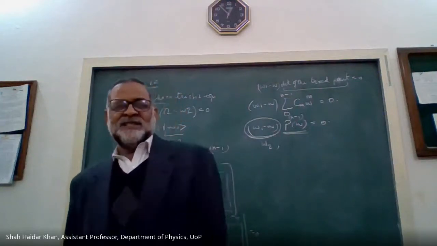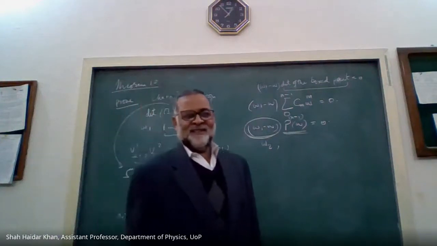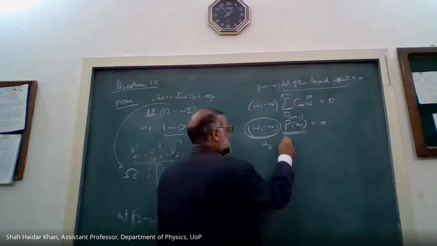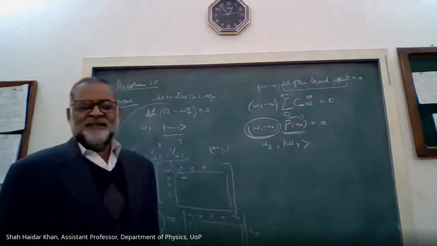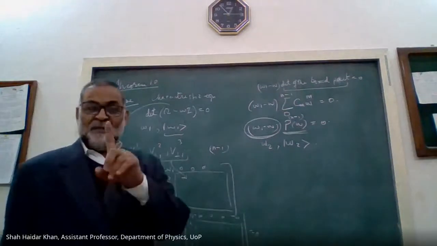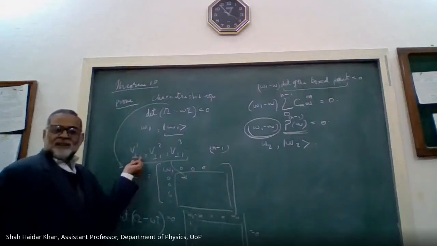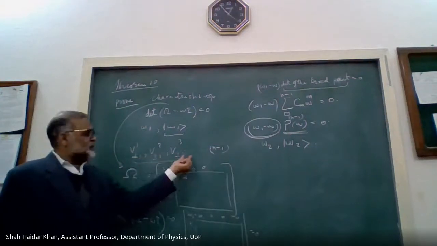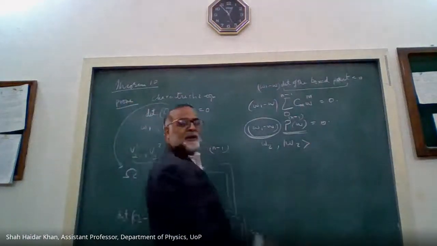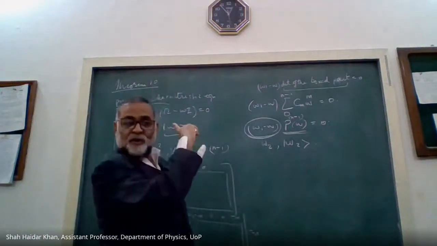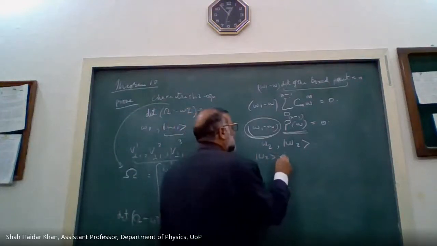Then it has an eigenvector corresponding to it. And we said, remember, this was the condition here, that these vectors are all perpendicular to this. So the omega 2 vector is perpendicular to omega 1.